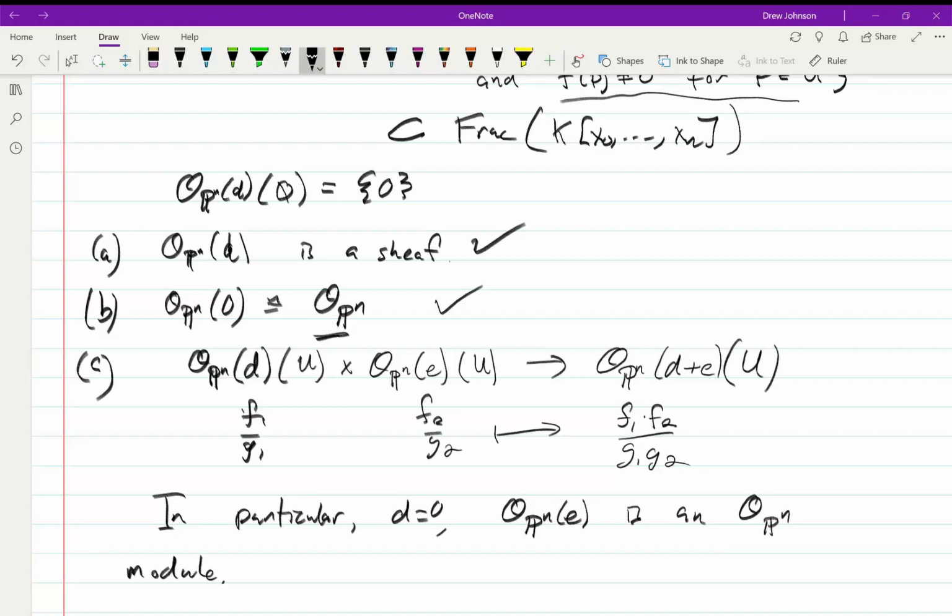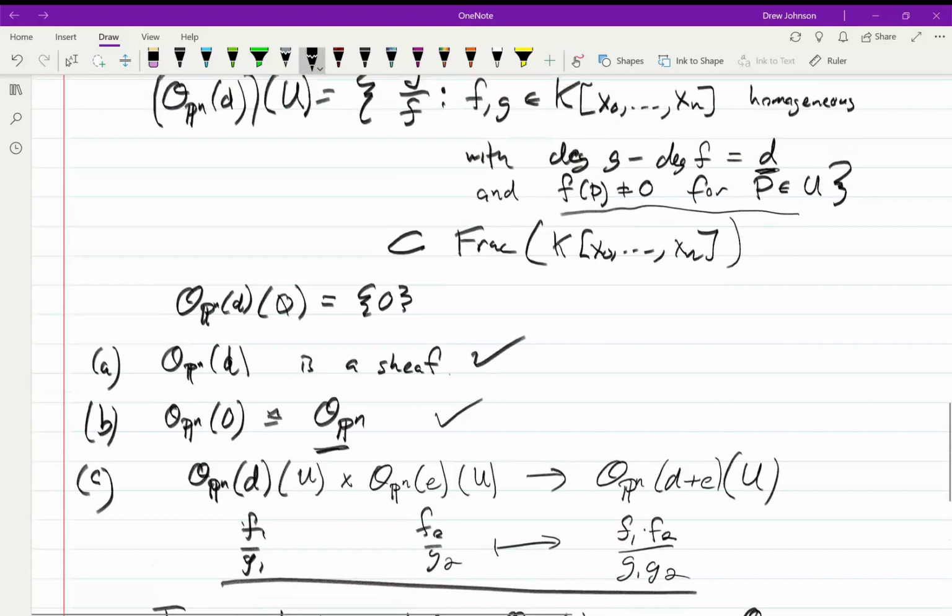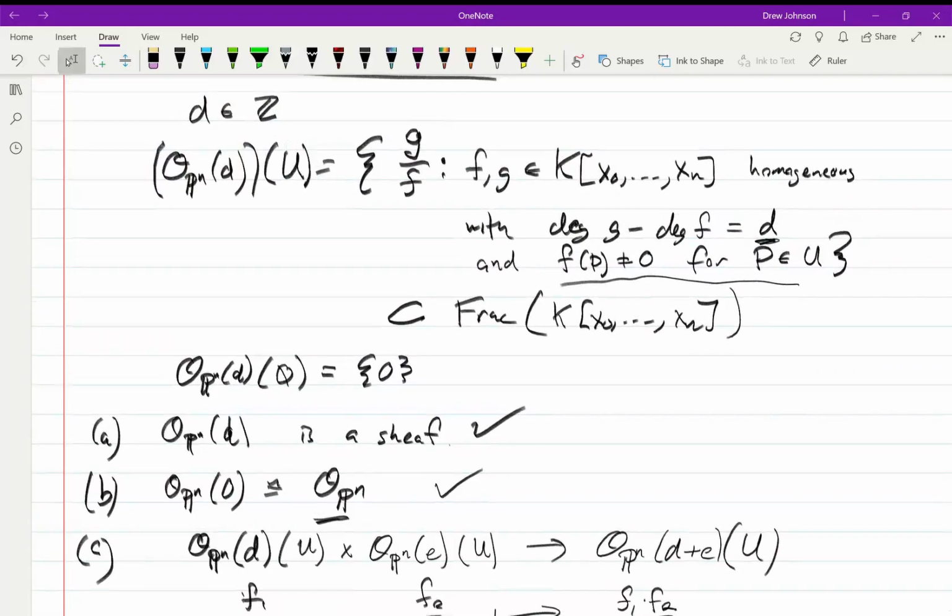That's what I was getting at: these are actually sheaves of modules according to our definition, and the action is given as a special case of this product. You just take your G over F and multiply it by a fraction of degree 0, and you get something that still works.